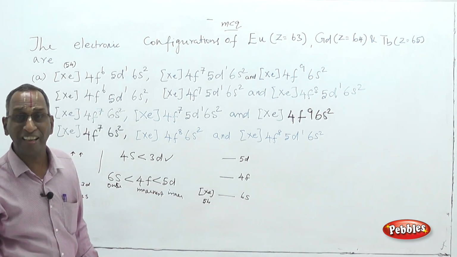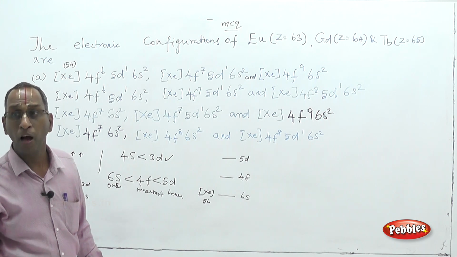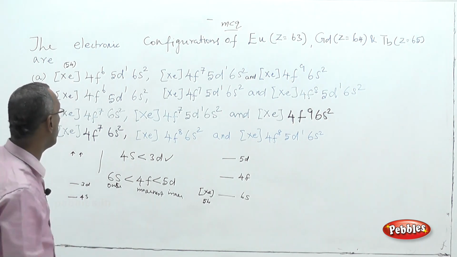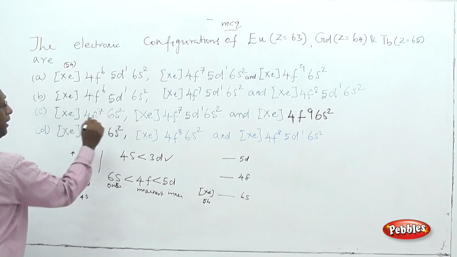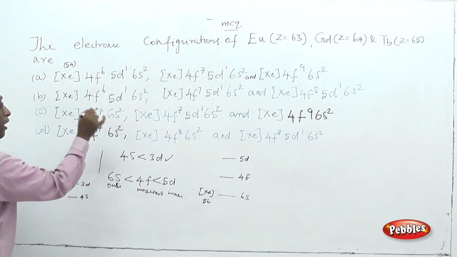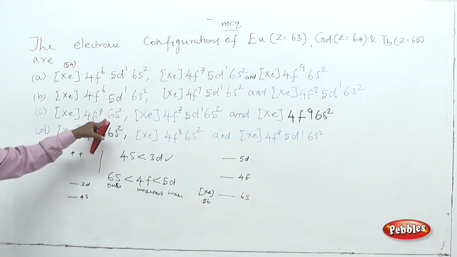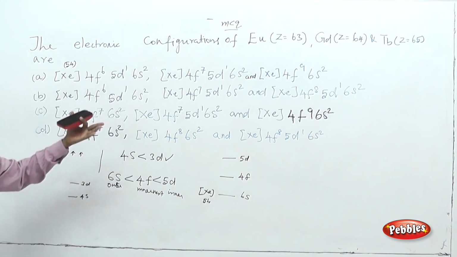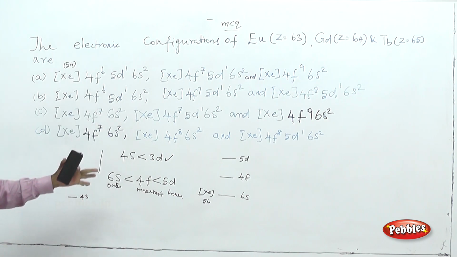The f orbital has 7 orbitals, and the electrons tend to remain unpaired. Hund's rule is also to be followed. So, in this way, it is correct: 6s and 4f. The 5d orbital is there, but it is empty, not filled with electrons. This is the case of Europium.